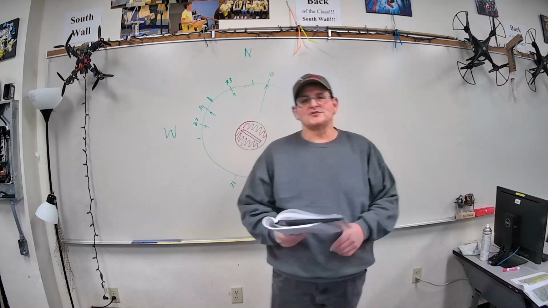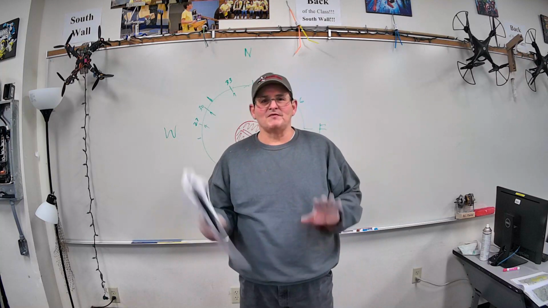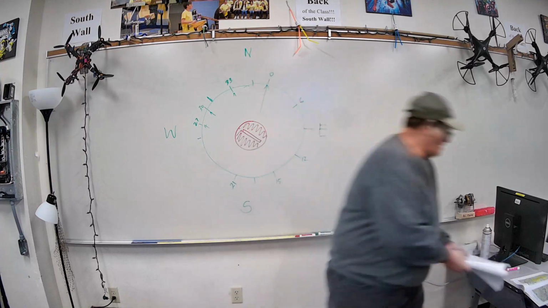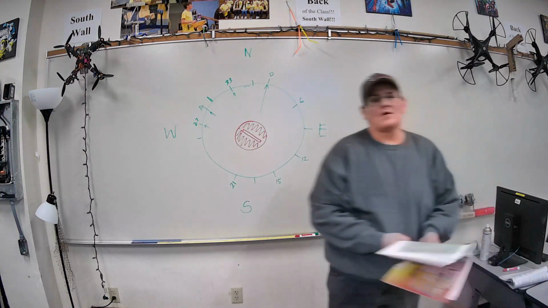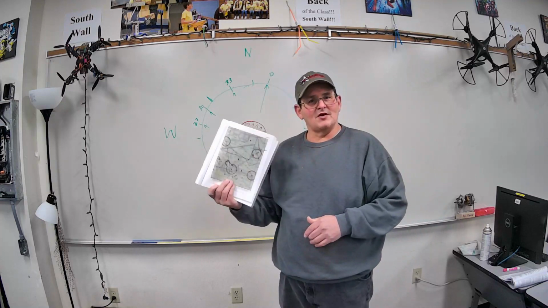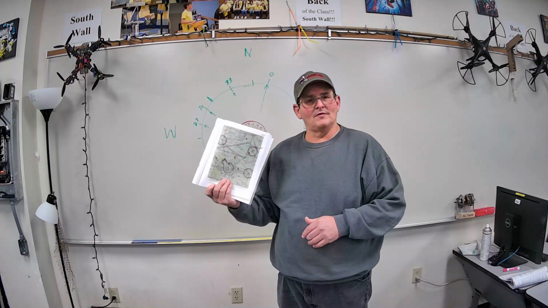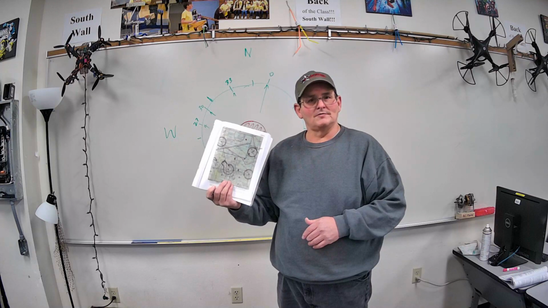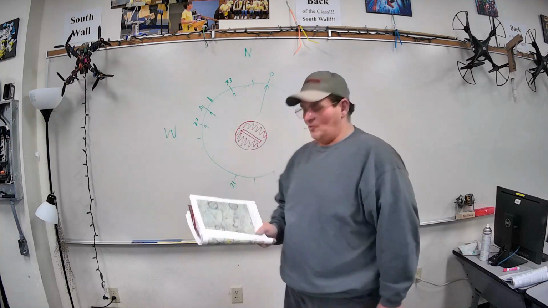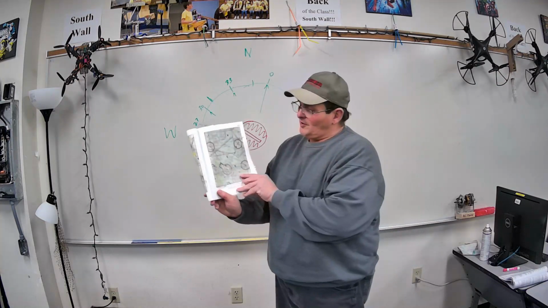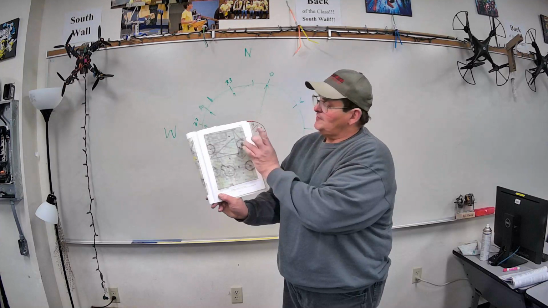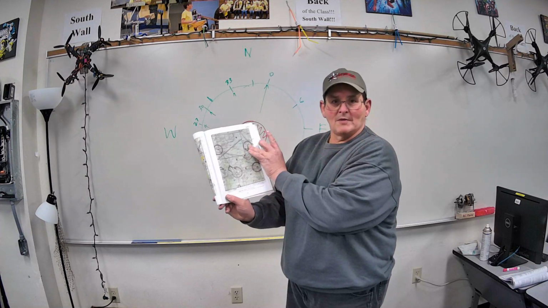There are a couple of things we need to understand first before we can actually break down this question. One, we've got to be able to use some components that are given on the sectional chart. If you look on Figure 26, Area 2, this is the runway that we're talking about.